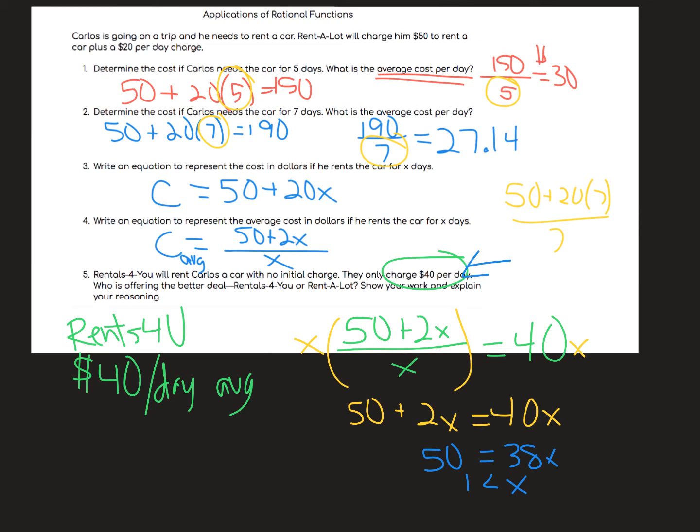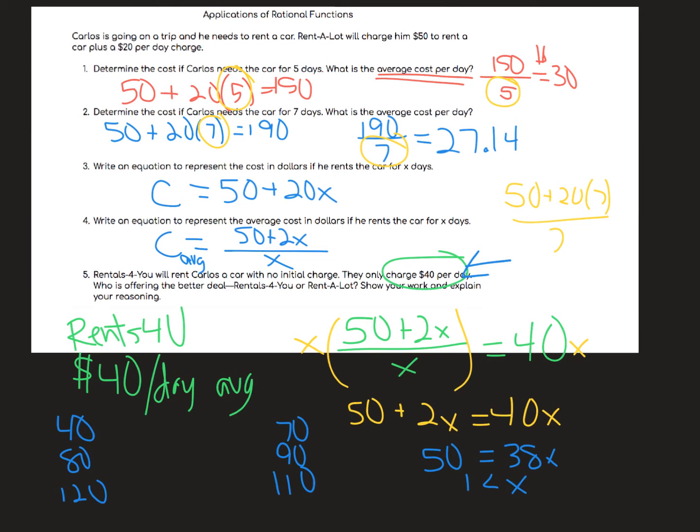But you can also say, all right, with $40 per day, that's going to be 40, 80, 120. Whereas Rents a Lot will be 70, 90, 110. So pretty quickly you see that when I solve, after the second day, Rents a Lot is better.